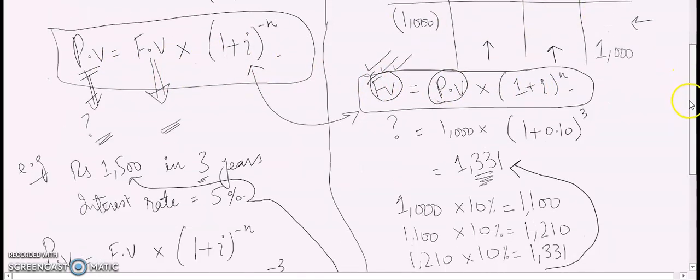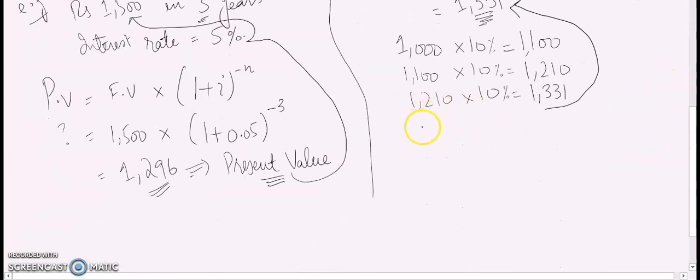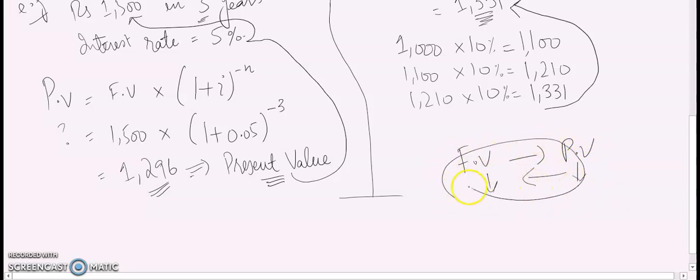So in summing up, there is no difficult thing. All is simple. If you know the future value and you want to go to present value, or you know present value and you want to go to future value, the answer is simple. Use this formula.